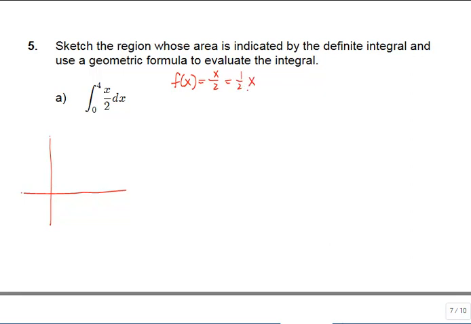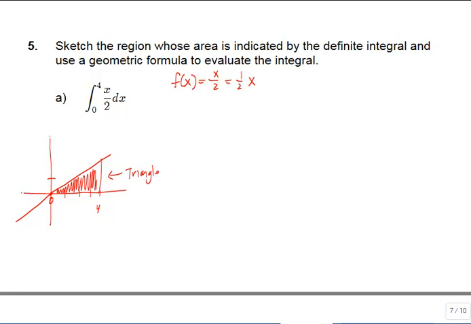That's just a line. It has a y-intercept of 0 and a slope of 1/2. So we go up 1 over 2. So it's going to look like that. And we're doing this from 0 up to 4. So the area between 0 and 4 is just this triangle.